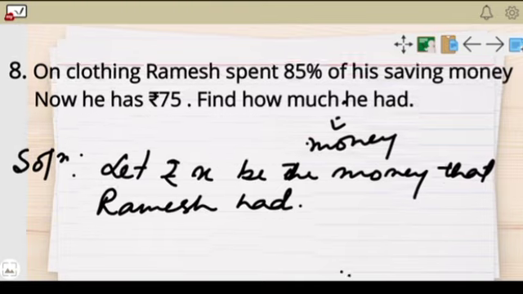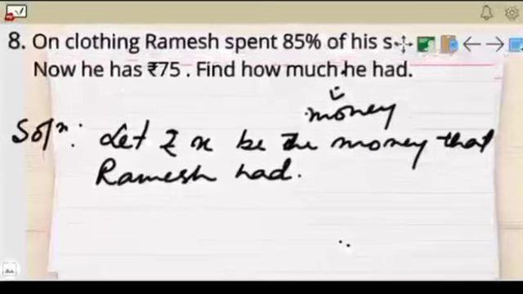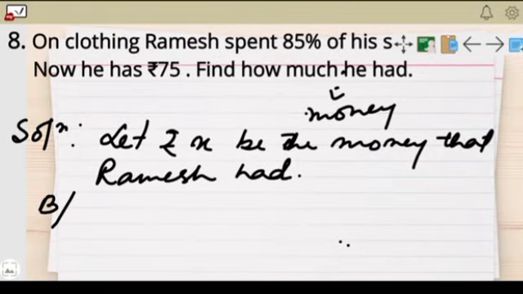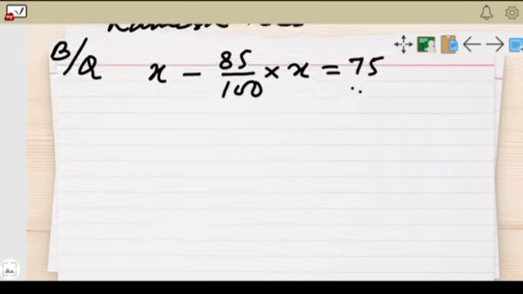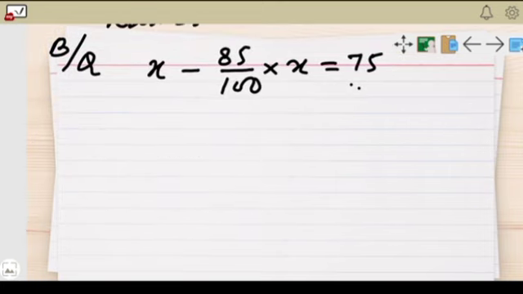Okay, how we're going to do, let's see now. I'll write here by question. From X, we have to subtract this 85%. So 85% of X. So 85 by 100 into X. Then how much we have now? It will be 75. Okay, so in the next step, we have implies here.